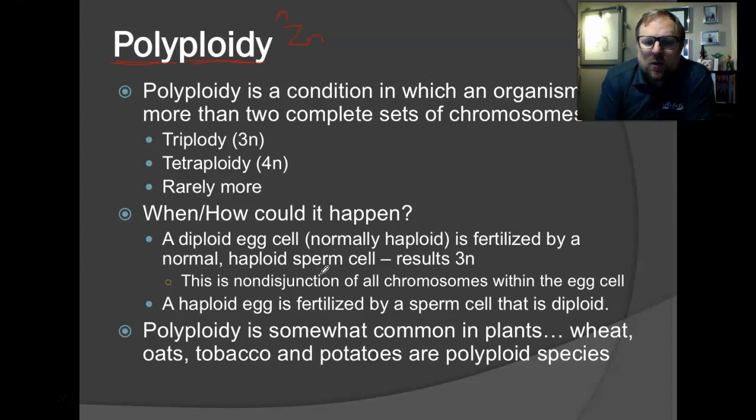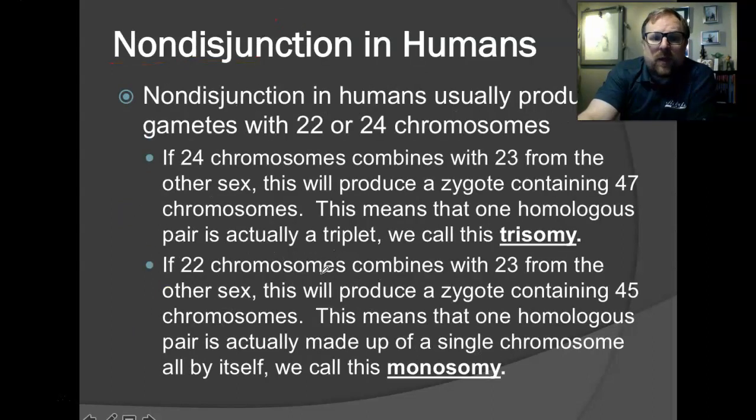Polyploidy is somewhat common in plants. Plants like wheat, oats, tobacco, and potatoes are all polyploid species, and they may have several different instances of polyploidy within their genetic makeup. But in humans, it's not common for us to be polyploid. So in humans, nondisjunction usually produces gametes with 22 or 24 chromosomes.